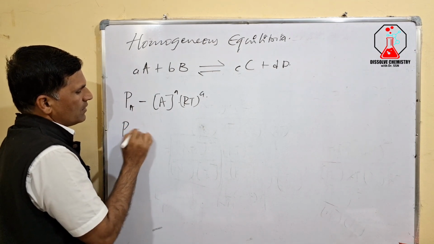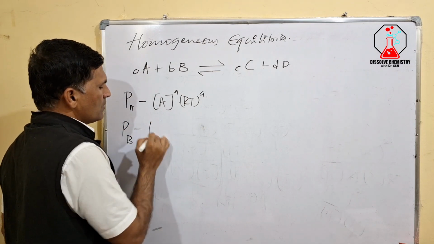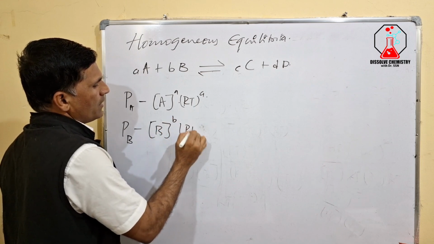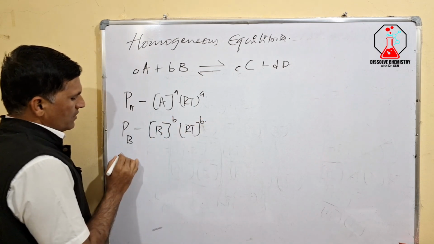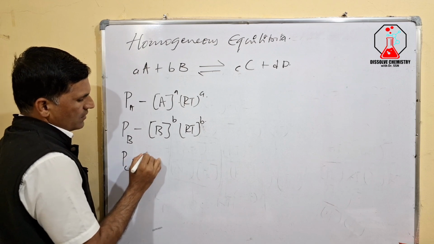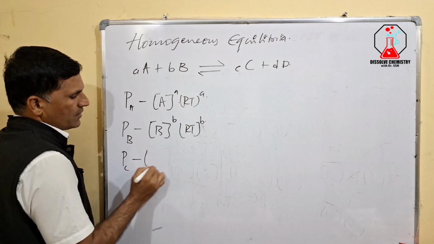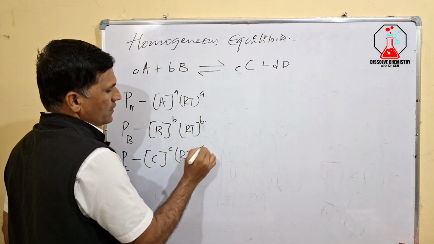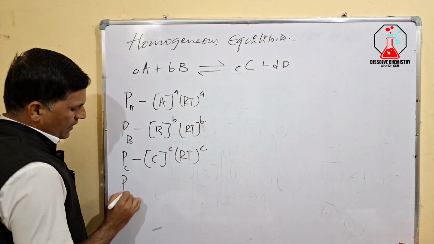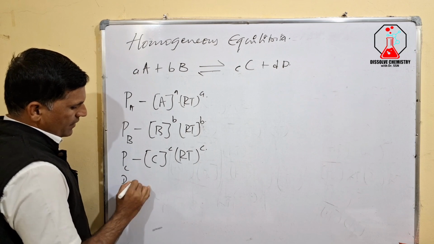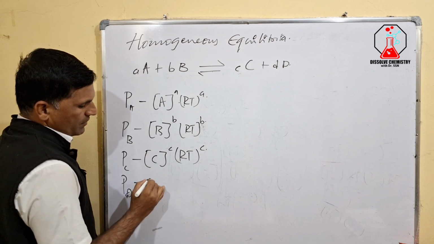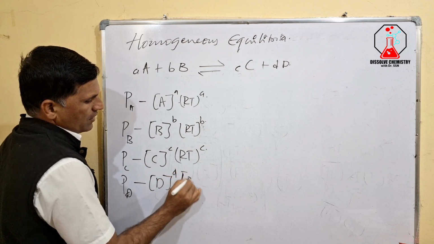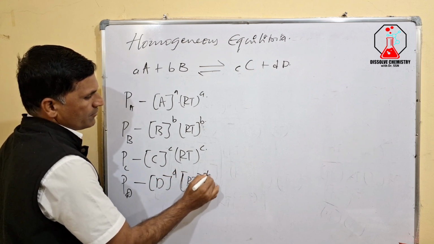Similarly, PB is equal to the molar concentration of B raised to the power b into RT raised to the power b. Similarly, PC is equal to C raised to the power c into RT raised to the power c. Lastly, PD corresponds to D raised to the power d into RT raised to the power d.